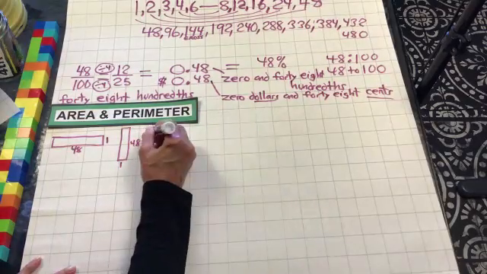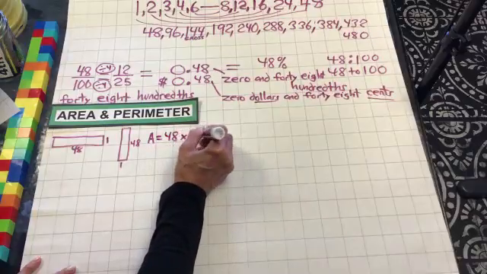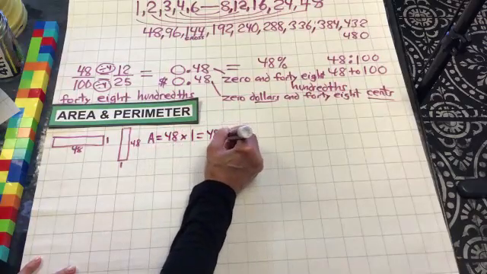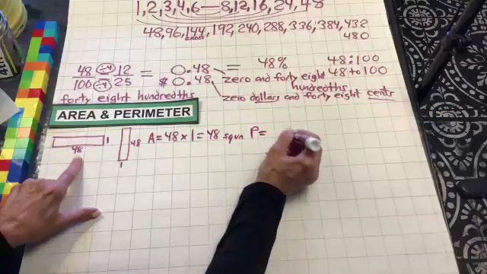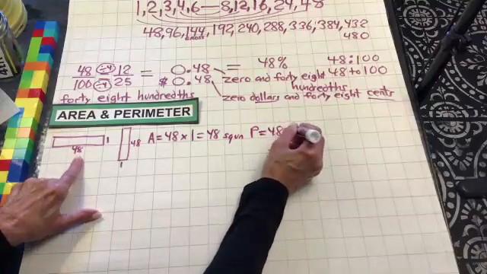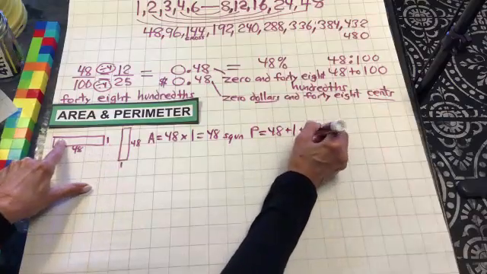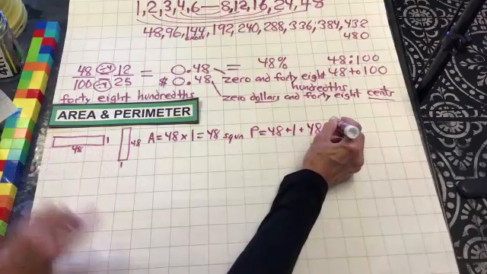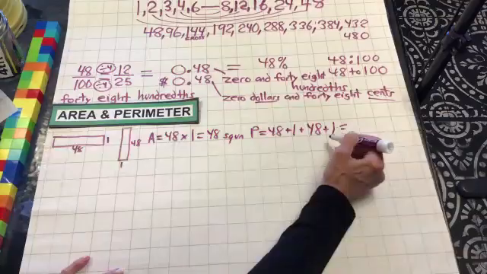So let's go ahead and get into it. Area equals 48 times 1, which equals 48 square units. The perimeter would be 48 plus 1 plus 48 plus the 1. Well, we know 2 48s is 96 from the top of our page.